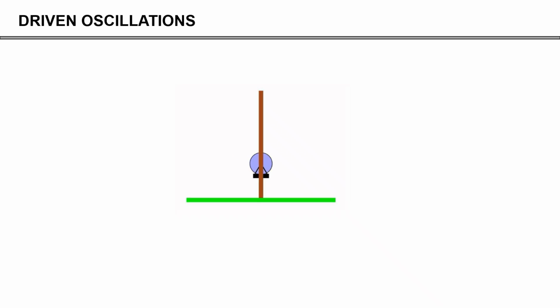But what now happens if we keep pushing it a little bit? So we're pushing it on every swing. And so now you can see that you don't have to actually push a lot. You just have to give a little tap every time for the swing to get higher and higher.